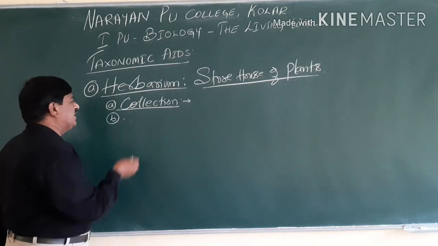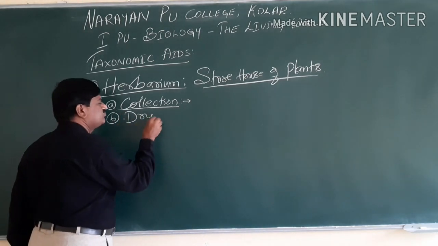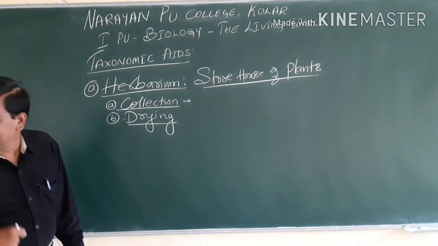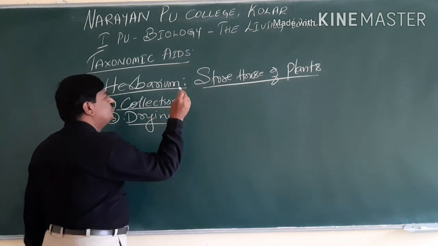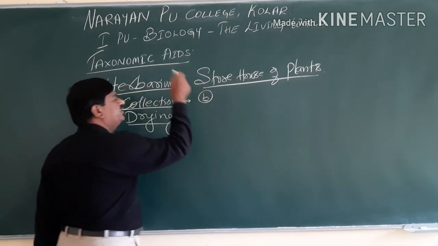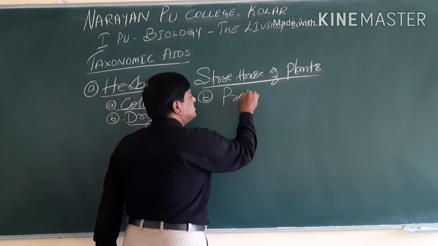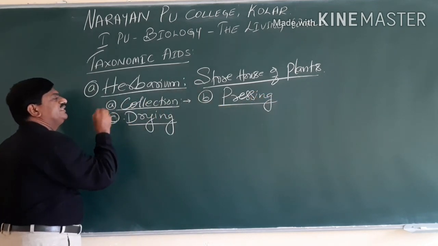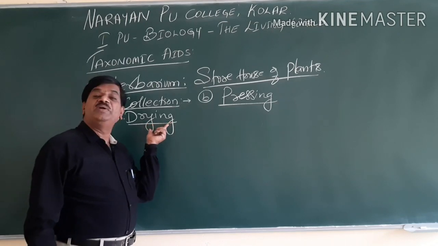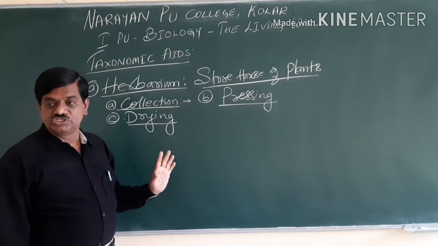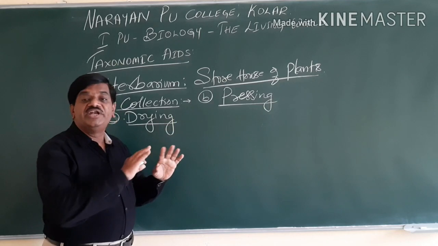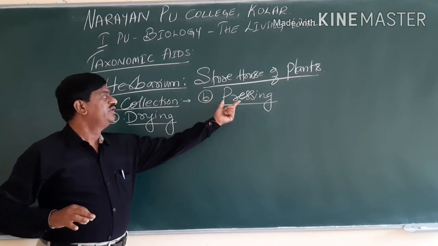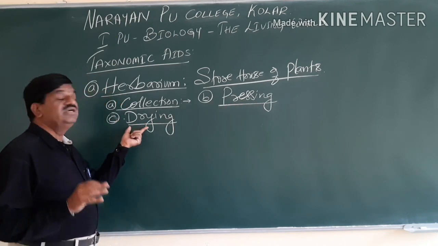The second one is called pressing, and the third one is drying. Why? Because once it has been dried, it cannot be pressed. So we take a leafy twig, spread it all over without any foldings, press it, and then go for drying.